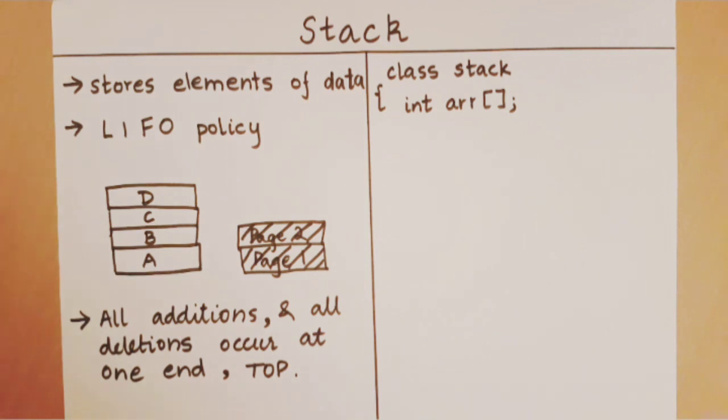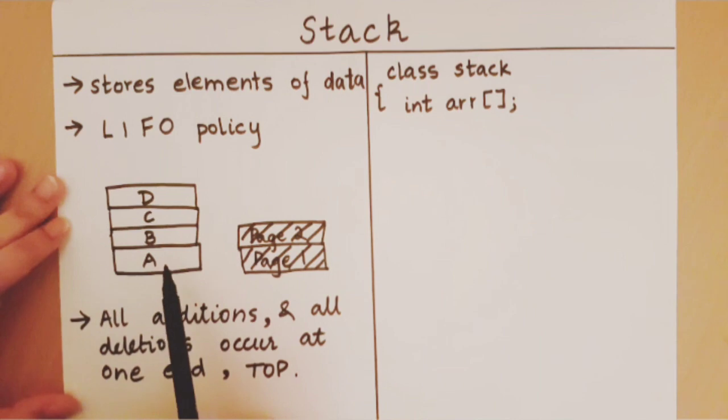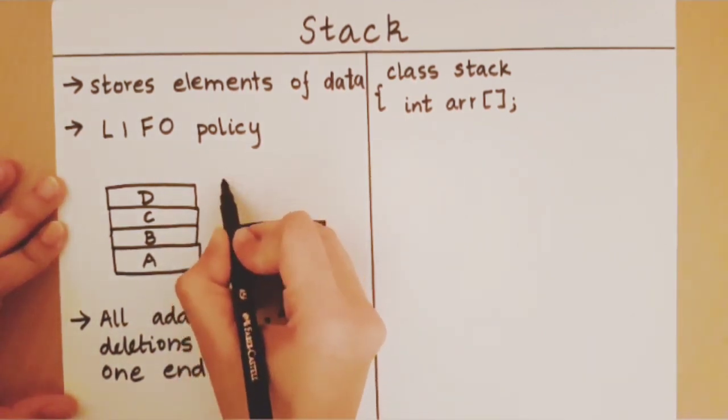What else had we said about the stack? It is a collection of data in which all additions and all deletions occur at one end called the top. How can we interpret this in the form of an array? The top is nothing but an index in the array. If you consider this A, B, C, D to be an array, it will look something like this.